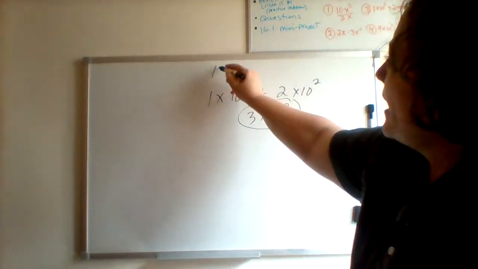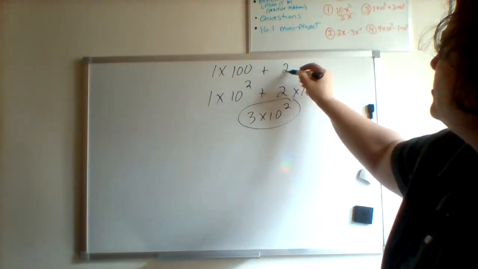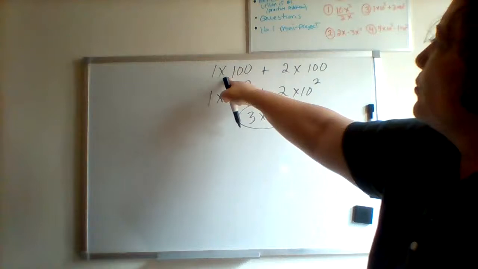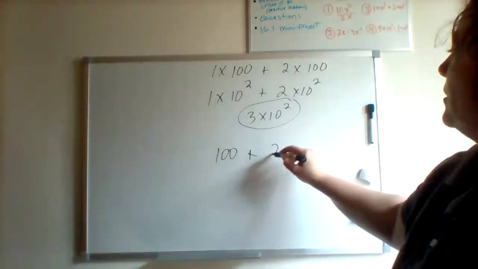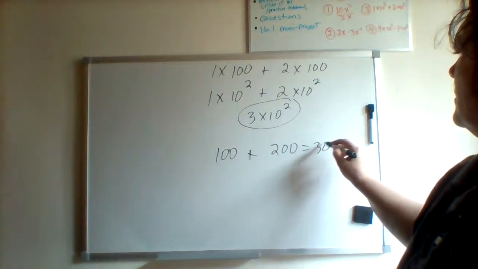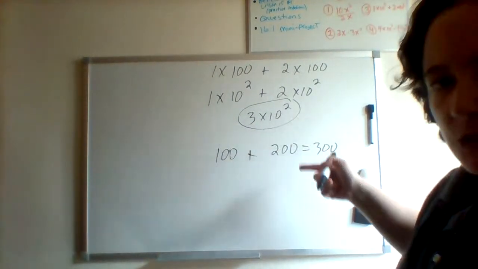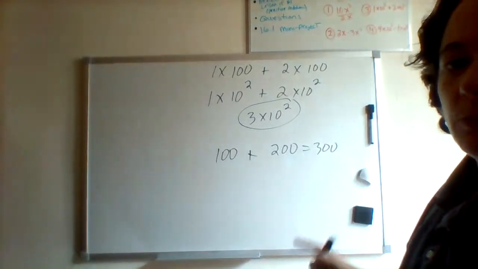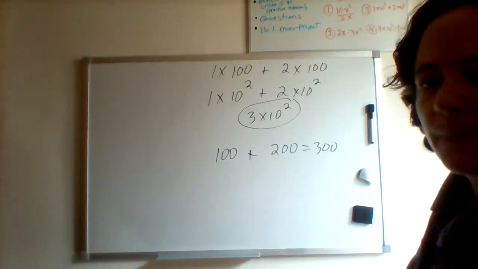This is actually 1 times 100 plus 2 times 100. What's 1 times 100? It's 100. What's 2 times 100? It's 200. Together, 300. What's 3 times 100? It's 300. So you could check yourself to make sure that you did something correct and that you didn't miss anything. Okay.